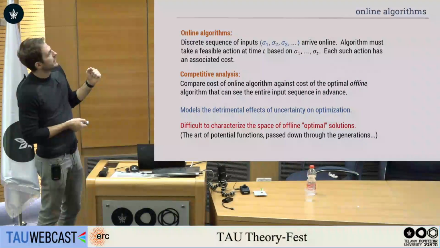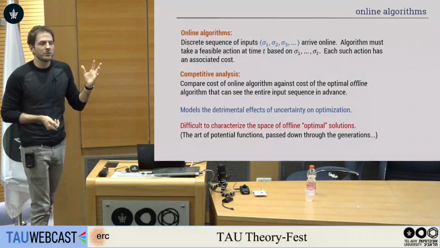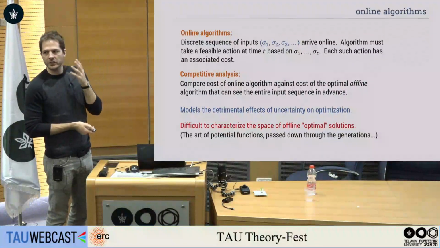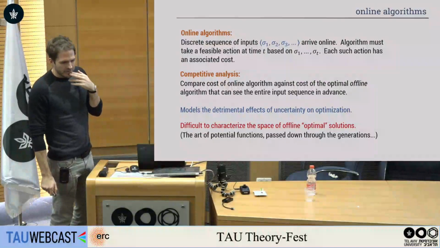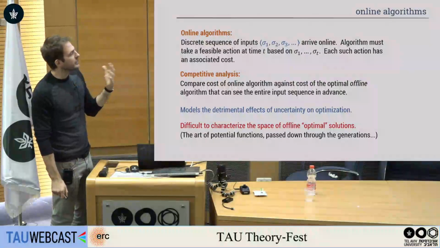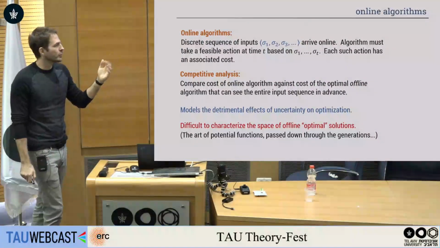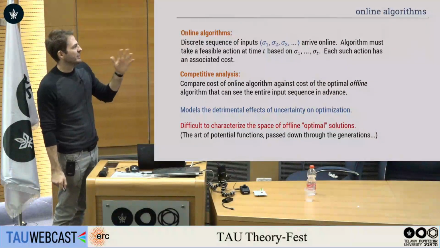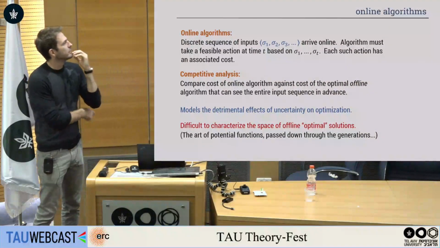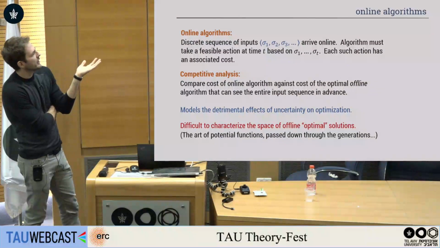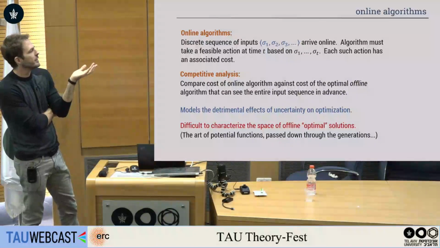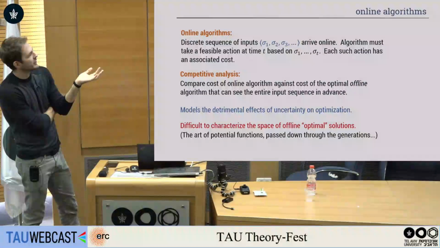And I have an interesting relationship with this field because my advisor, Christos, who was the first speaker today, just a few years before I became a student, had written this paper on K-server, a 2K minus 1 competitive algorithm for K-server, and I tried to understand this algorithm at the time and failed, and then I tried to understand it later.